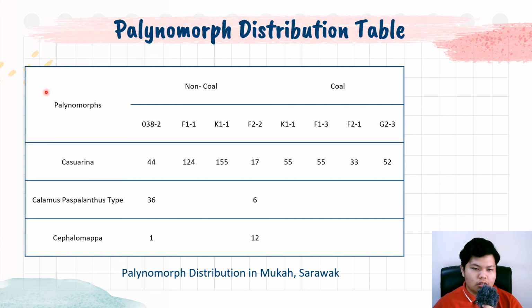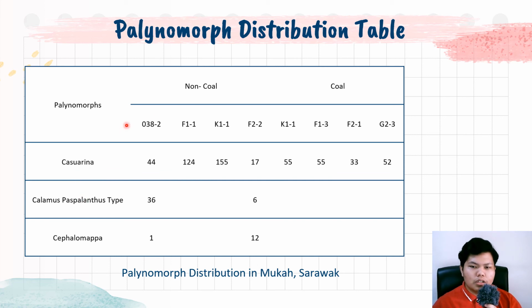First is the palynomorphs. There are 3 dominant palynomorphs in our rock samples. The first one is Casuarina, the second one is Calamus-Pasphalentus type, and the third one is Cephalomappa.